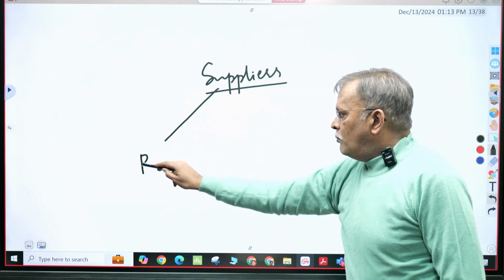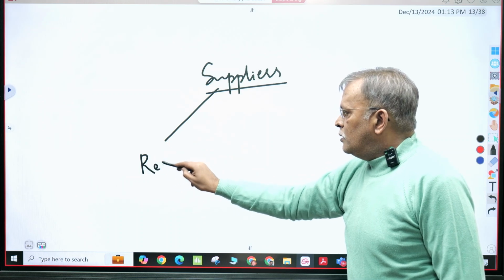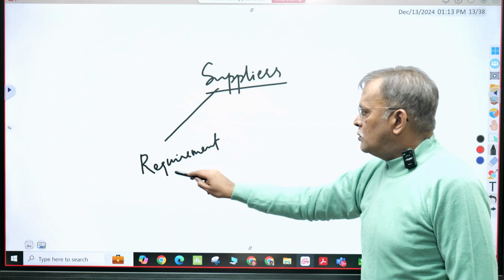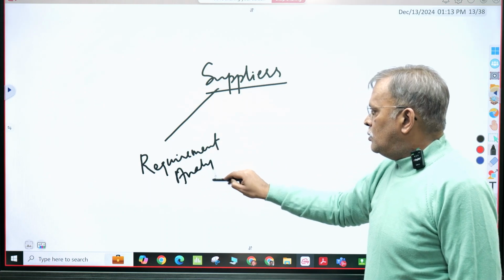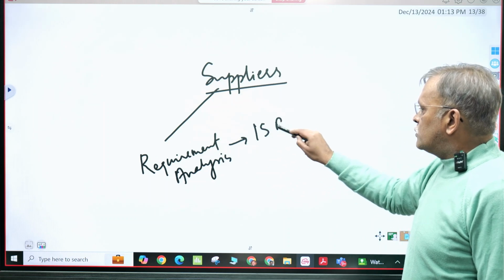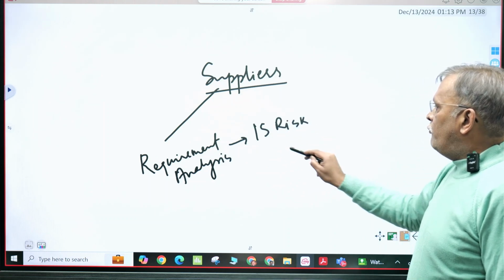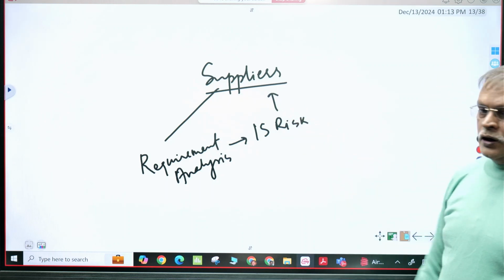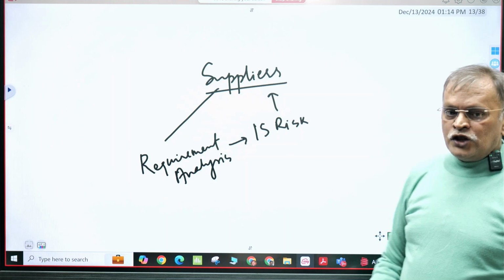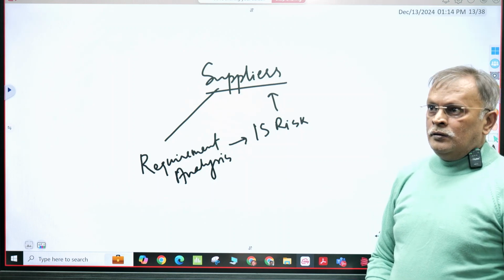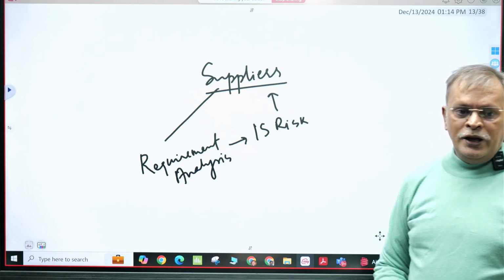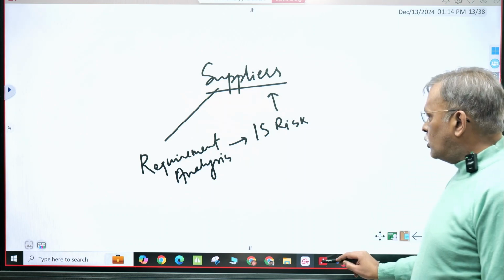Right from the time you've identified what you need, you have to start thinking in terms of what are the information security risks that you are exposing yourself to when you are putting together a supplier. So the entire life cycle of supplier onboarding, supplier handling, supplier monitoring, supplier deprovisioning will have to be carefully thought about. And that is what is expected.